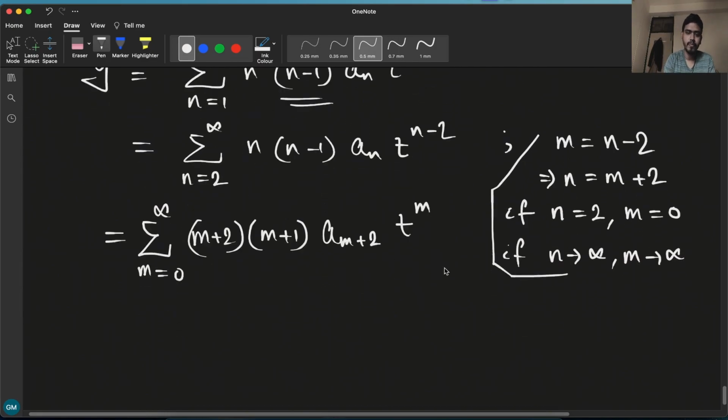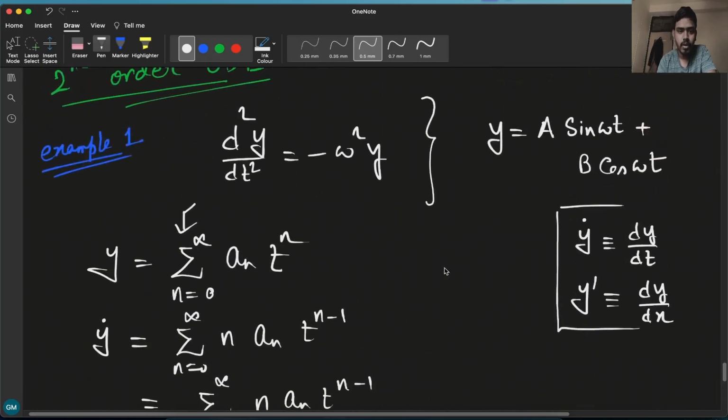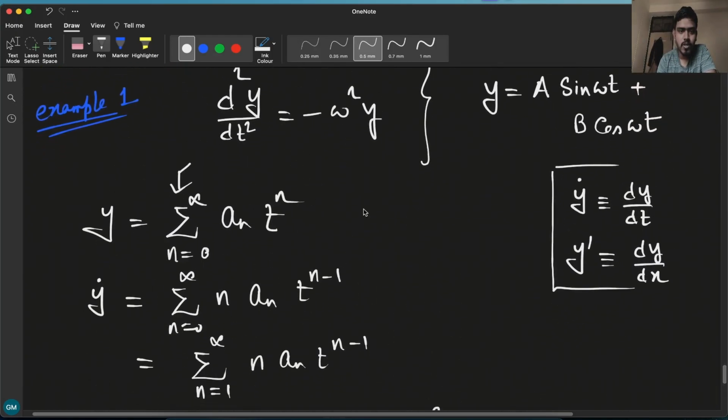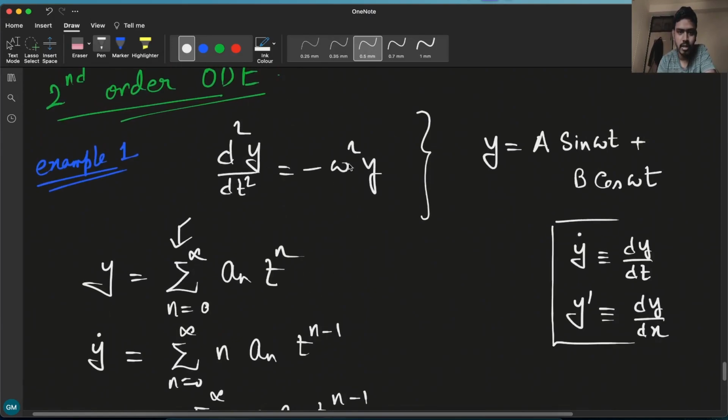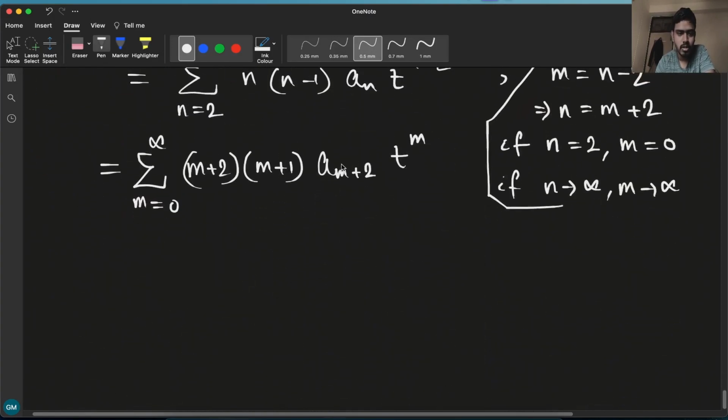T to the power m. So now we will put this y double dot and this y in this differential equation. Then what we will get is y double dot equals minus omega square y, which is nothing but, instead of m equals 0, I can write n, so it's a summation index.